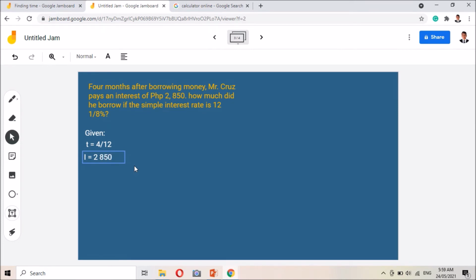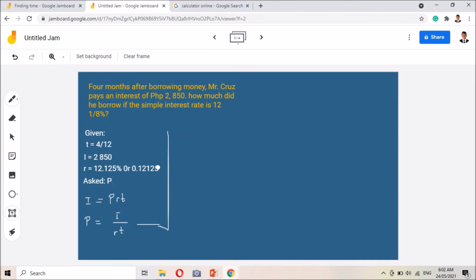I equals PRT. Dividing both sides by RT gives principal equals interest over rate times time. Then plug in what is given.